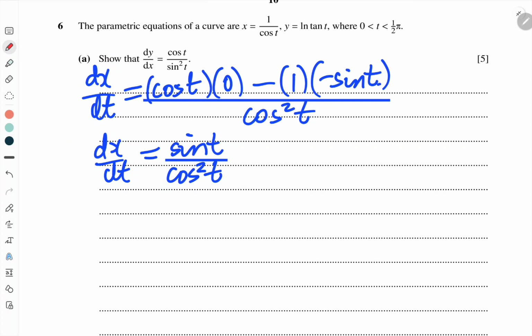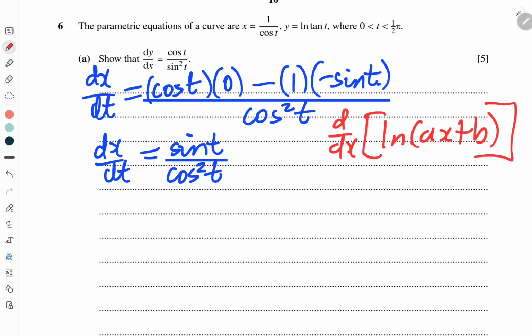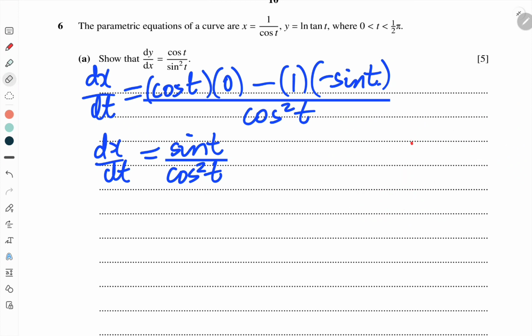So, right, this is a derivative of ln of a function, and according to the notes, you differentiate the function that is in front of ln over the same function there. So we are going to take the same approach for dy/dt.